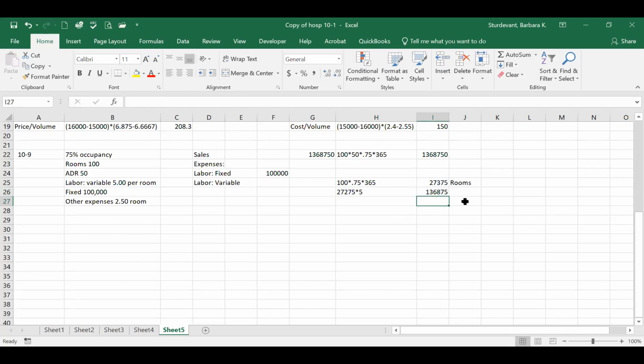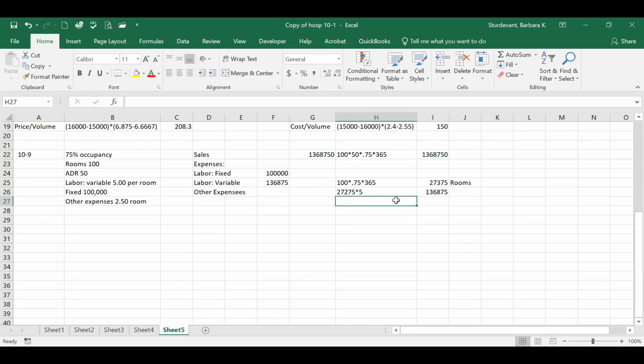So that would be our variable cost for labor. And then we have our other, which is still the number of rooms.